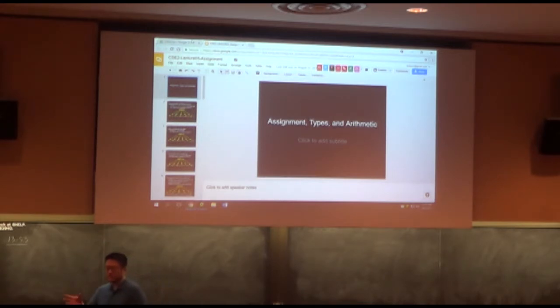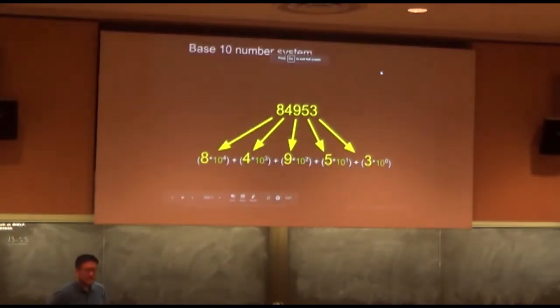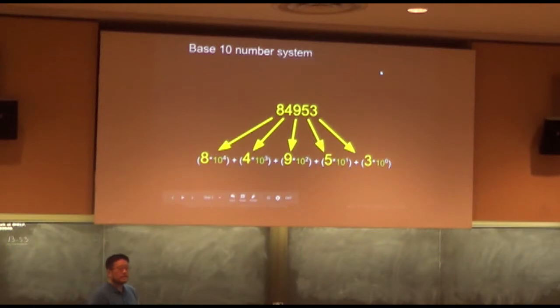Now, I'm going to talk about some mathematical ideas before we get into actual assignment, so that we can have a basis for thinking about interesting problems. Then we're going to talk about assignments and the consequences of assignment, like data types and arithmetic. The example that I want you to become familiar enough to answer questions about is the base 10 number system and other number systems in other bases.